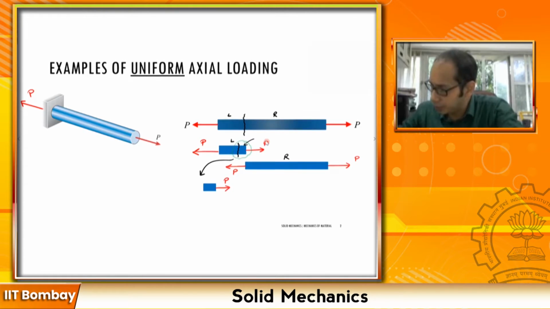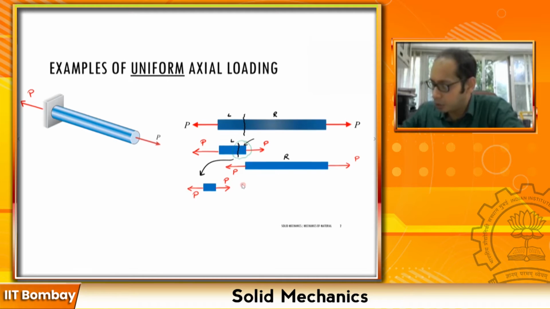To balance it, I must have an equal and opposite force P over here. So as you can tell, every smaller chunk is in a state of equilibrium. If I instead take this other section, that will also have a force P and an equal and opposite force P to balance it.